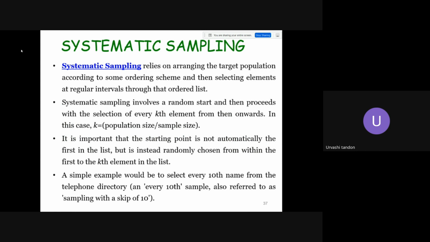The first number which you pick is a random number, and that number could be, let's say, 4. After 4, you can keep on going: 14, 24, 34, 44, 54, 64, 74. Likewise, you can continue picking every 10th sample, or sampling with a skip of 10, right?